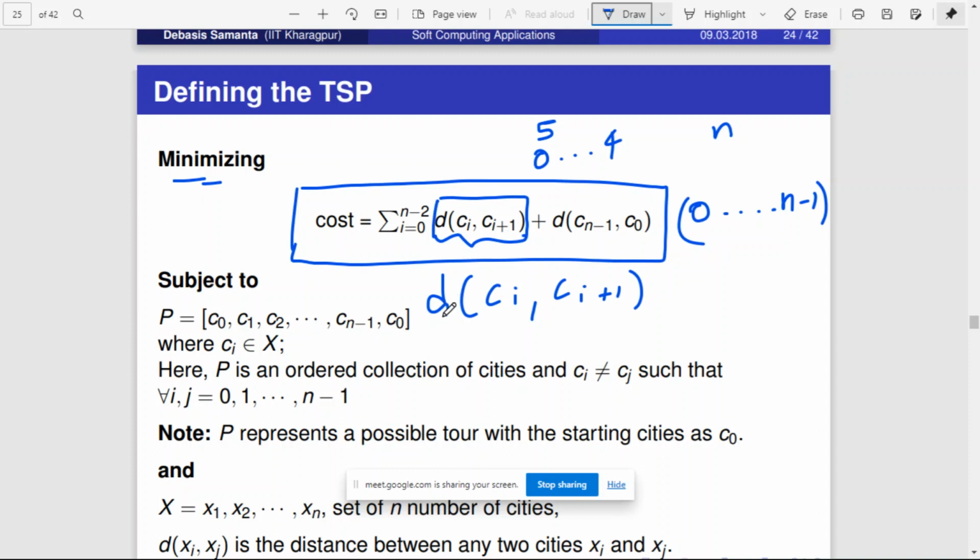Okay, D is distance. So it is the distance between the ith city and the i plus 1th city, right? So if i is 0, then what does it represent? If i is 0, then what is Ci and Ci plus 1? C1. That is the distance from 0 to 1. Okay. City 0 to city 1.